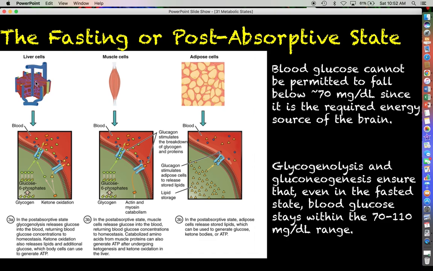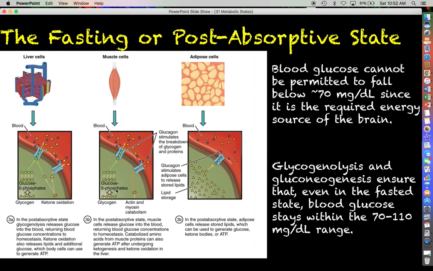So if we look at some of the different metabolic processes going on during the fasted or post-absorptive state, as you can imagine, the liver, which usually stores up glycogen, is going to be breaking down that glycogen and exporting some of that glucose back into the bloodstream. That'll bring blood glucose back up. Same thing goes with skeletal muscle, which also stores up glycogen, so we can break down that glycogen.